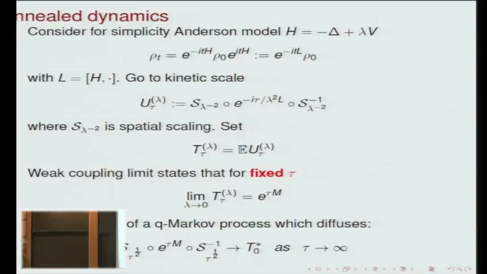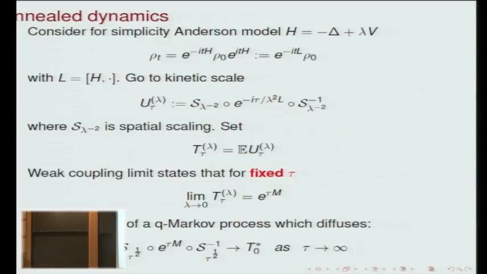So tau measures in units of 1 over lambda squared. And it depends implicitly on lambda, because lambda is a parameter both in the scaling and inside the Hamiltonian.